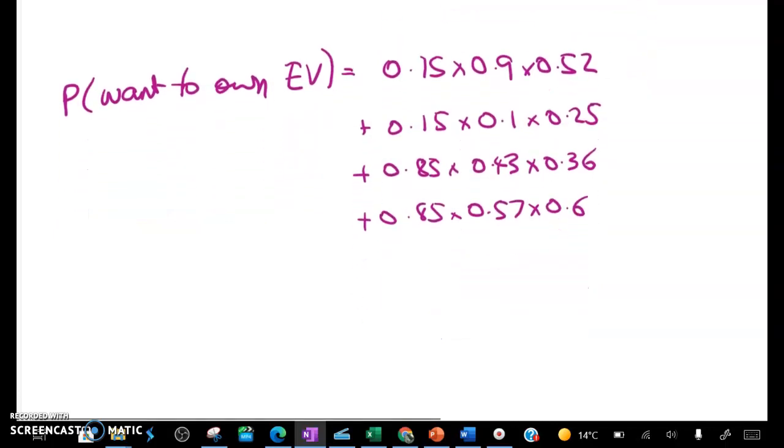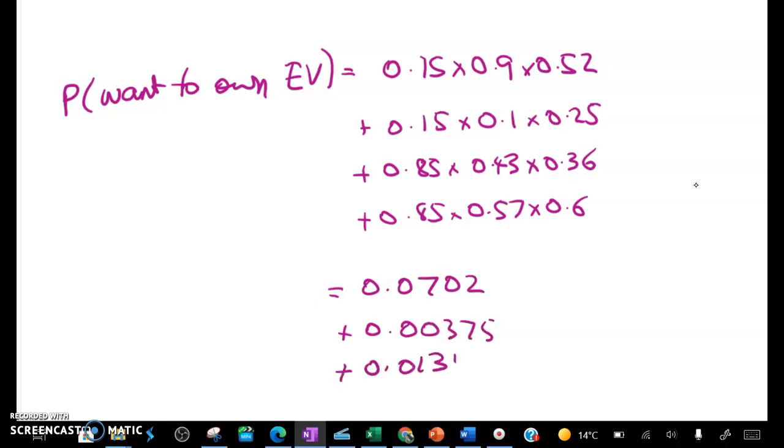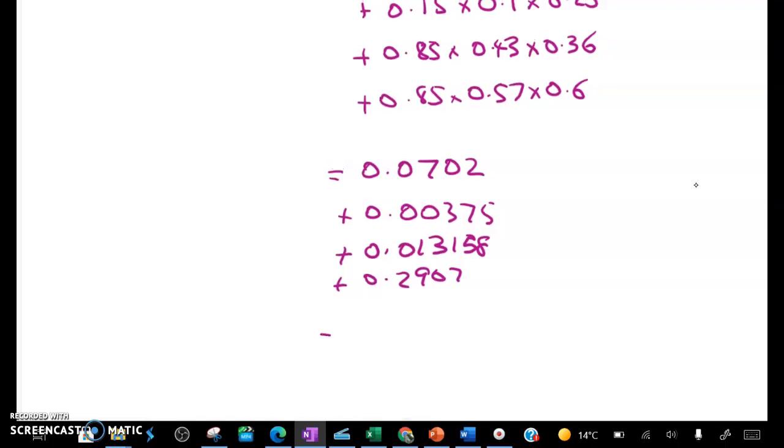And when you add all of those up, the numbers individually that you get there are 0.0702 plus 0.00375, boring, 0.013158 plus 0.2907, and all of that adds up to give us our final answer of 0.4962.